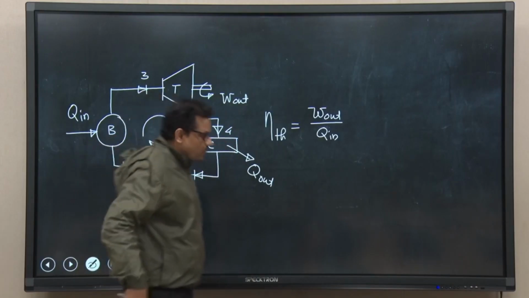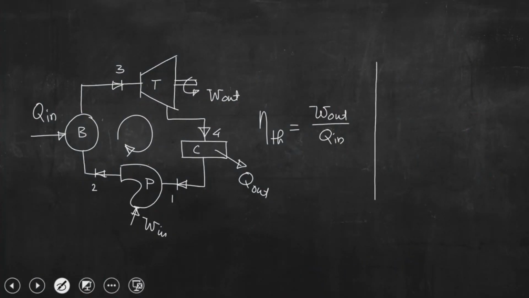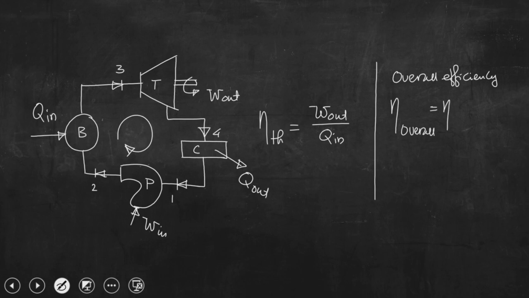So, if we look at why, I will discuss later. So, the overall efficiency of the plant is thermal efficiency into mechanical efficiency into generator efficiency into eta boiler.